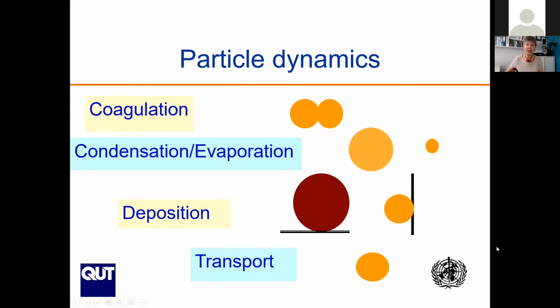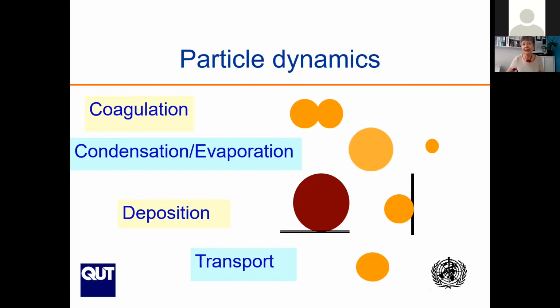As you can imagine, transport is important, particularly when we are talking about very small particles. Sometimes you see a leaf or a feather floating in the air. Now, for this to happen, the airflow or the wind must be quite strong.